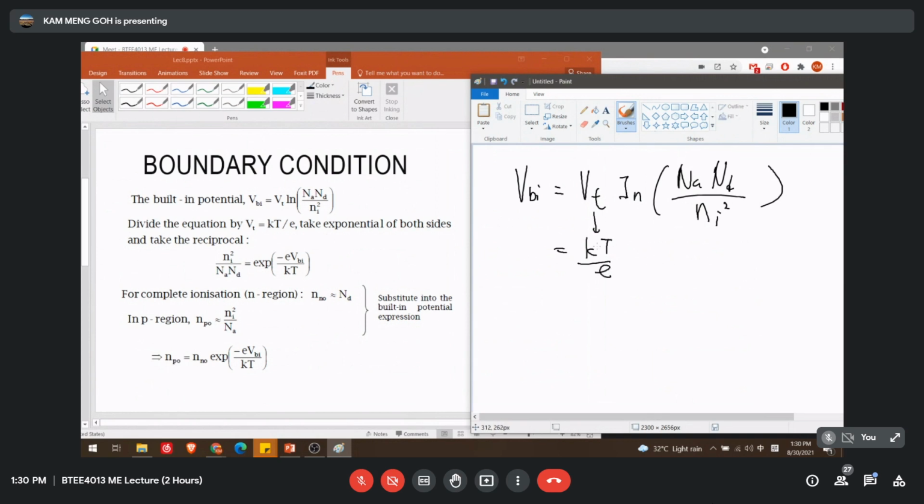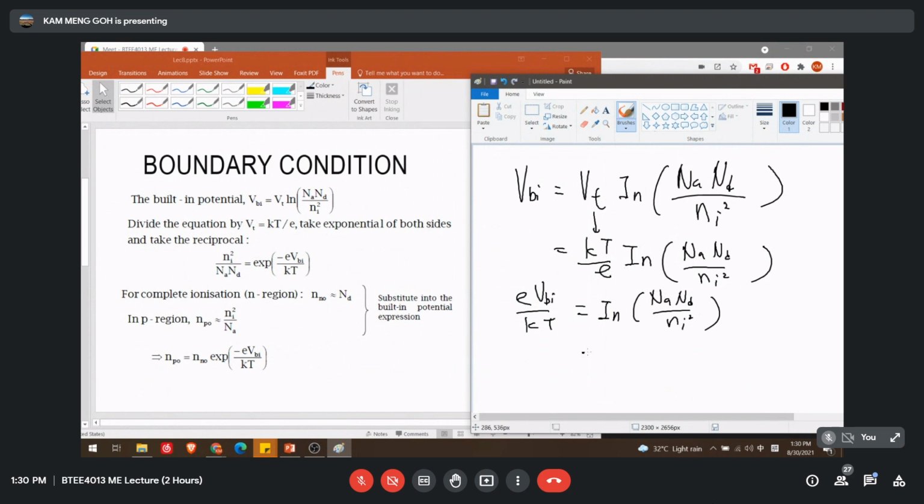If this is at 300 K, then this will be equal to 0.0259. So ln NA ND over NI squared. And then we restructure this: e VBI over kT equals ln NA ND over NI squared.